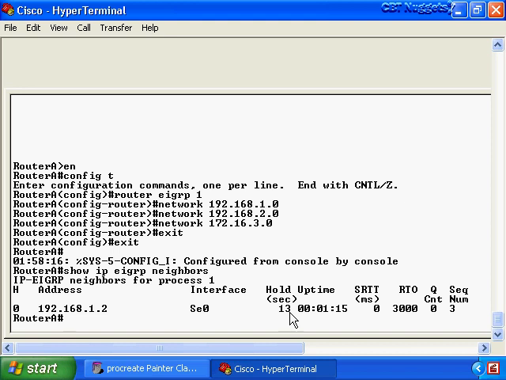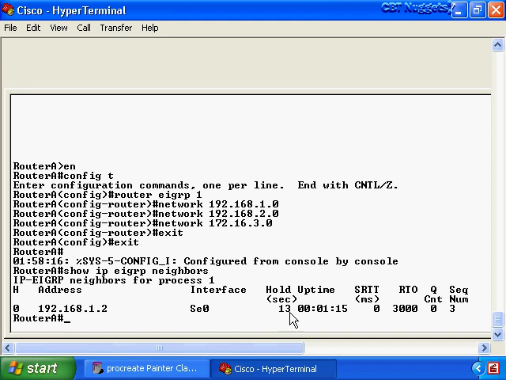You can see the hold time value here shows up as 13, and this value is going to be somewhere around 15 seconds if it's a faster WAN or LAN interface, because it's 3 times the value of the hello packet. So around 3 times the hello packet is 13, 14, or 15 seconds.